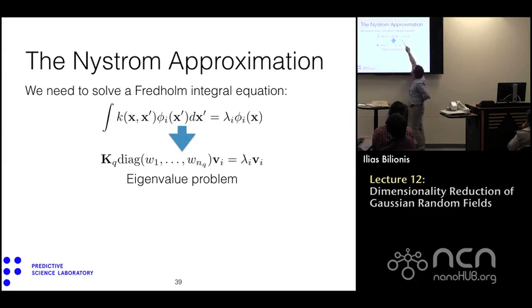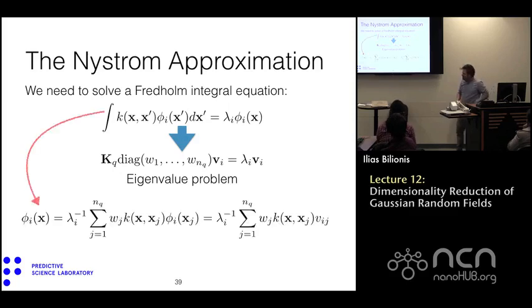Then you go back here and you say, now let me take this, move this lambda to the other side, solve for this, and then approximate this. So this is a way to get phi_i, and then I'm going to approximate the integral again with a quadrature. So look at that. You solve that equation for phi_i at an arbitrary x, and then there is an integral here, which you approximate again with your quadrature.